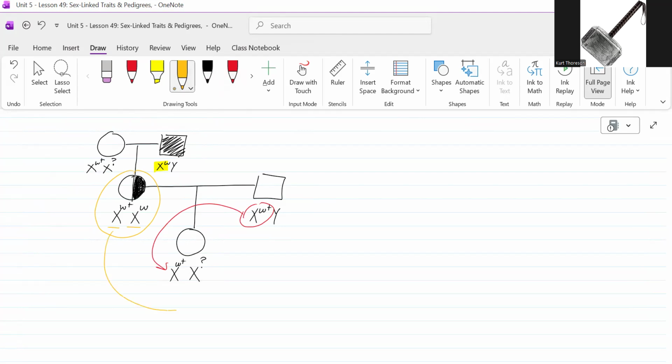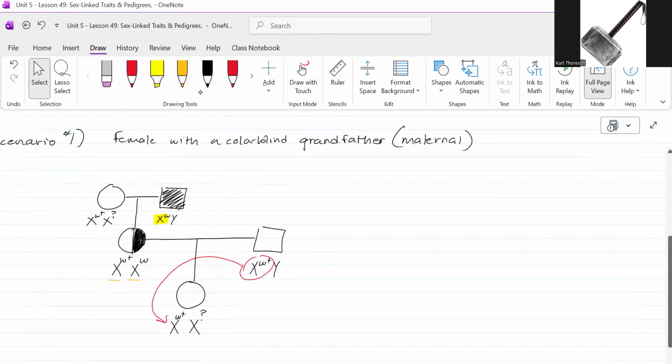If this student inherited the normal X chromosome from mom, then she's going to be homozygous dominant and she'll be completely normal. On the other hand, if she inherited the mutant X chromosome from mom, then she will be a carrier just like her mom. It's 50-50 because egg cells have one X chromosome. So that was one scenario that I had with a student.